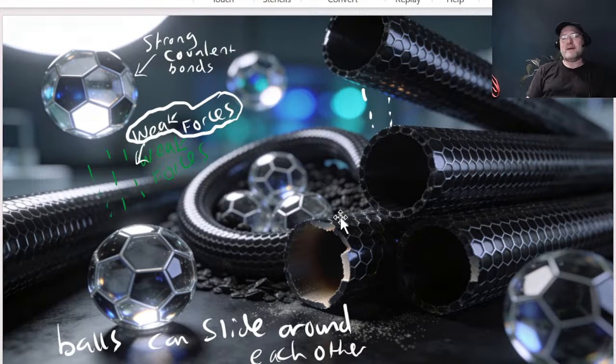But you can use them in medicine, so you do need to know that buckyballs can be used as a nano cage to hold medicines and deliver medicines to parts of the body. Nanotubes the same as well. You can lock things in. And with all of nanotechnology, they have a large surface area to volume ratio, and that's one of the things that gives them their special chemical properties.